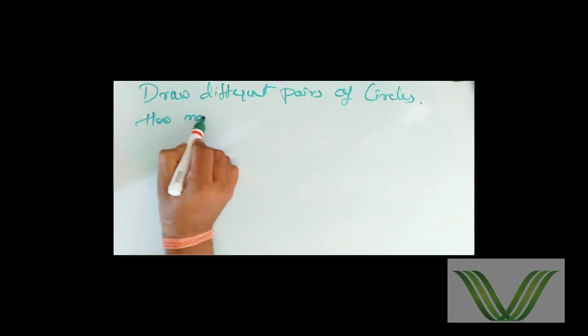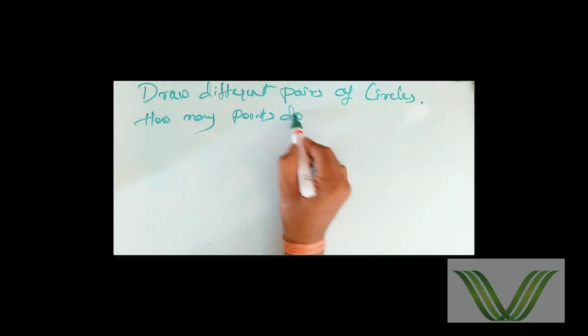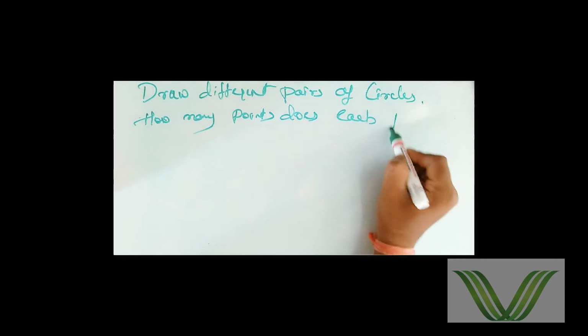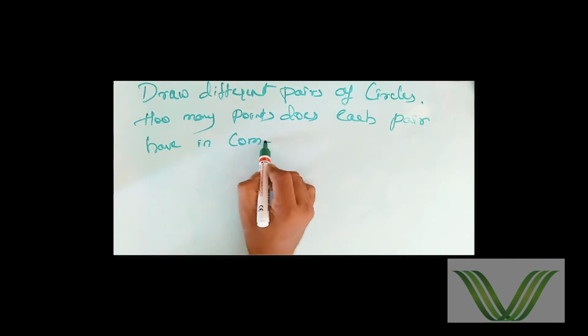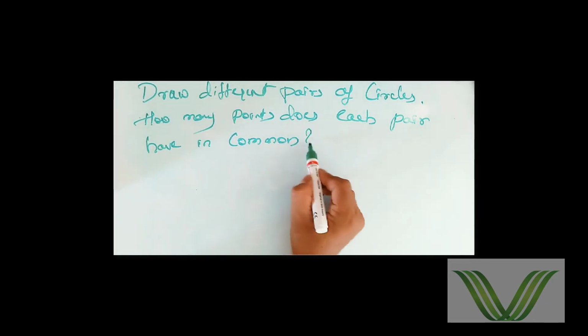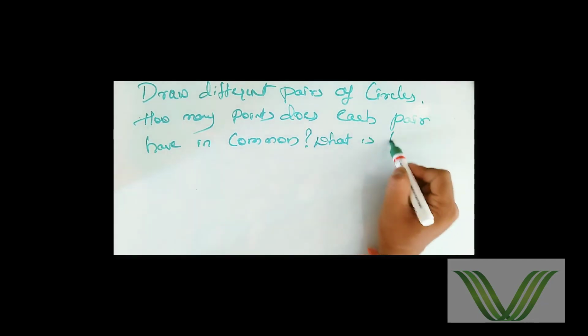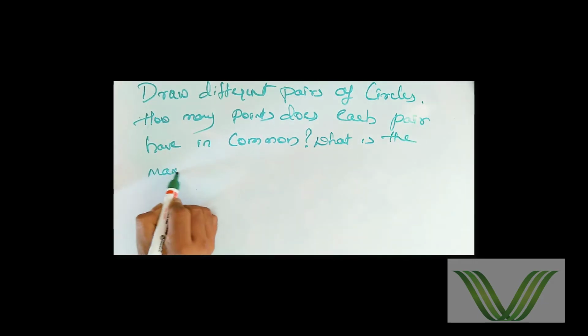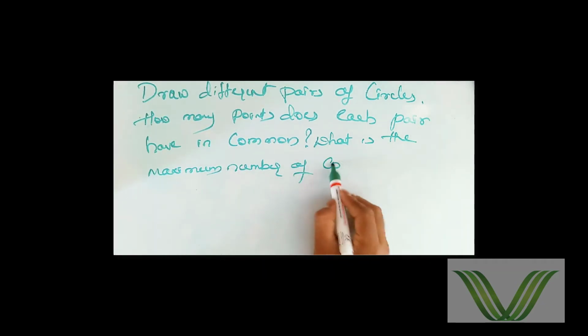How many points does each pair have in common? So that is part 1 of the question. Now in the next part of the same question we have: what is the maximum number of common points?